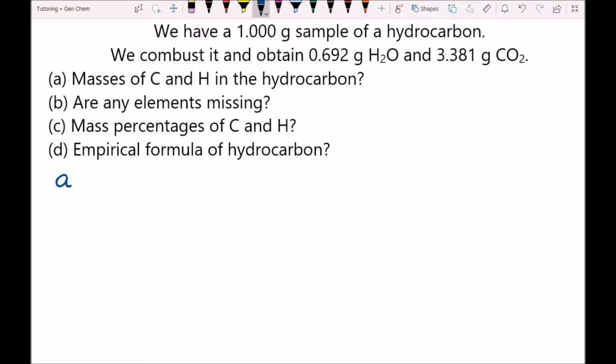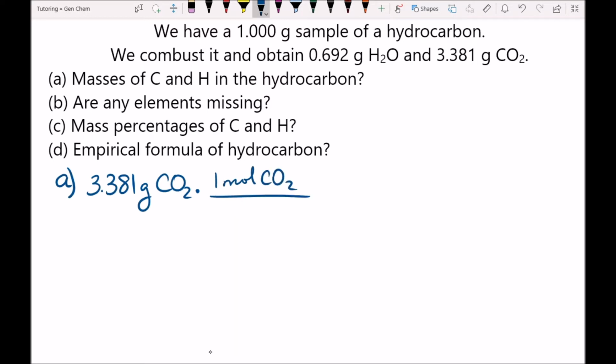So part A, let's start with CO2 and carbon, since that's a little bit simpler. So we're told we have 3.381 grams of CO2. Let's convert that to moles of CO2. And in every 1 mole of CO2, we have 44.01 grams of CO2.